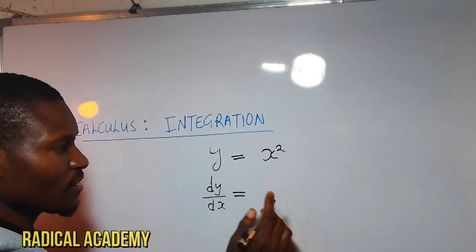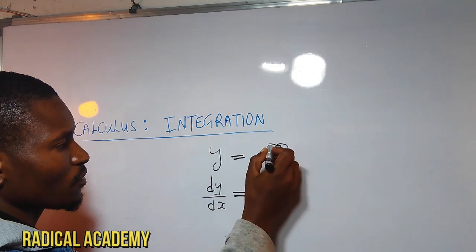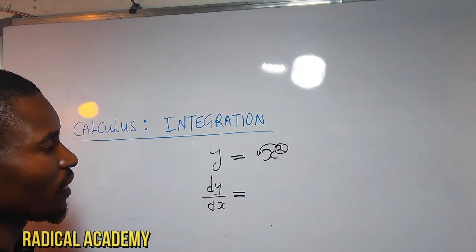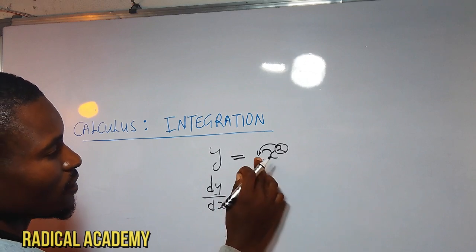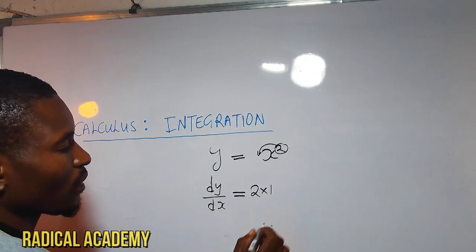Whenever you're differentiating something like this, the power normally is going to multiply with the coefficient, the number in front of x. Now there is no number there, so it's going to be 2 multiplied by 1.